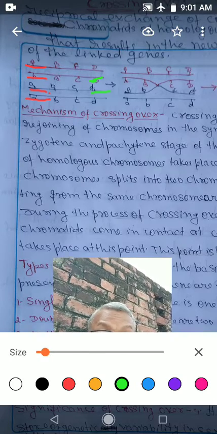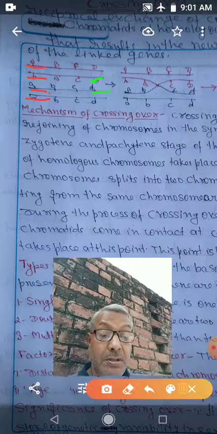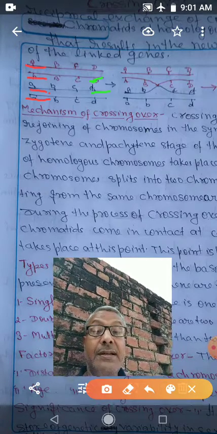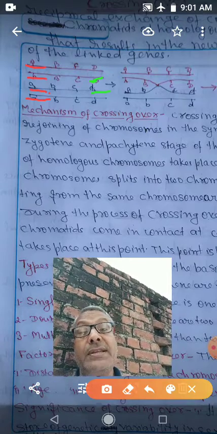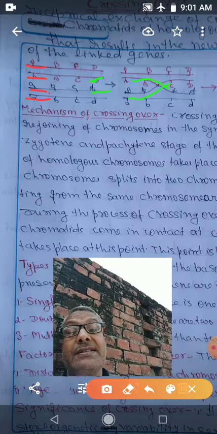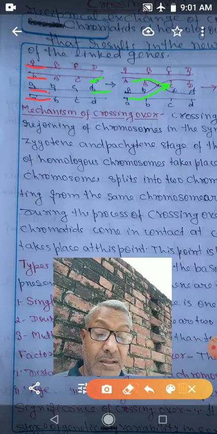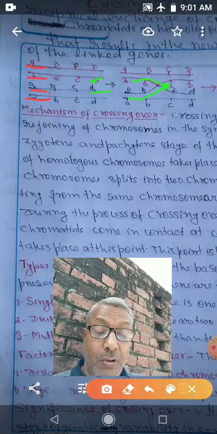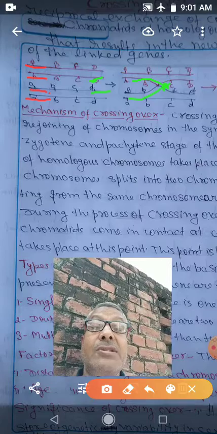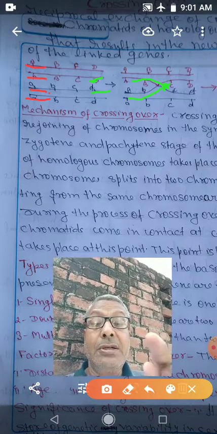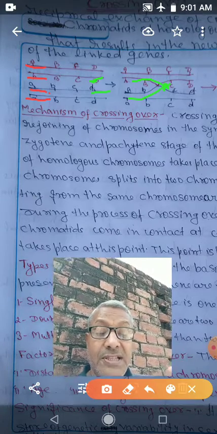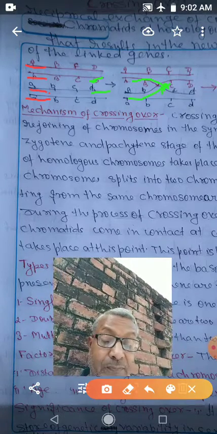During the process of crossing over, the two non-sister chromatids come in contact. They are coming in contact at a certain point. This is the point of contact. Crossing over takes place at this point. How is the crossing over? There is the breaking, rejoining and exchange of chromosomal segment. This point is known as chiasmata.